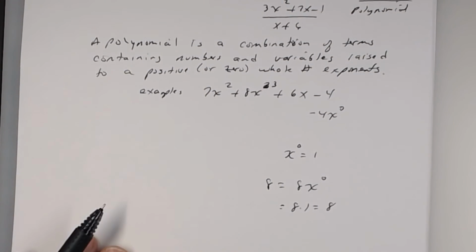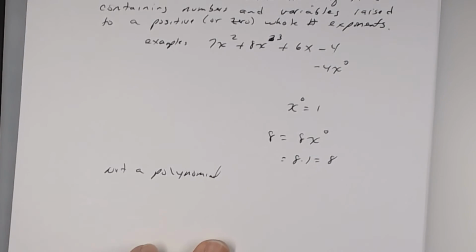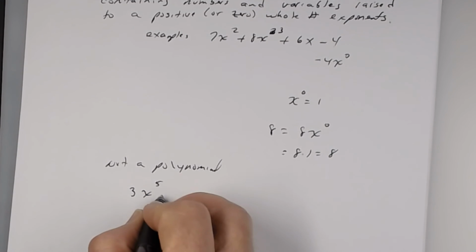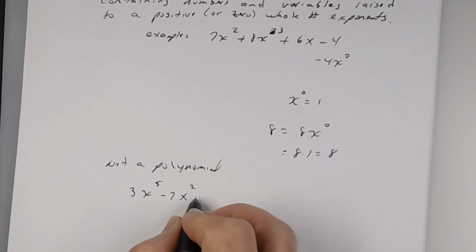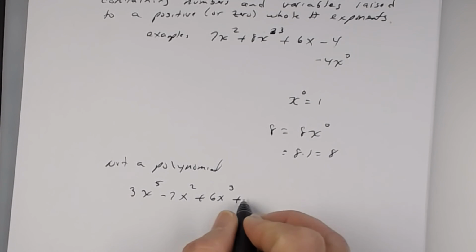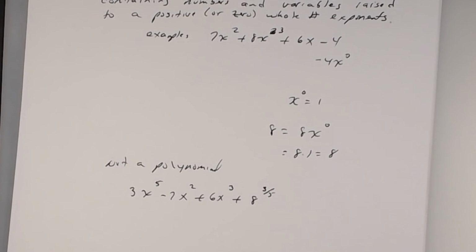All right. This is not a polynomial. 3x to the 5th minus 7x squared plus 6x to the 3rd plus 8x to the 3/5.